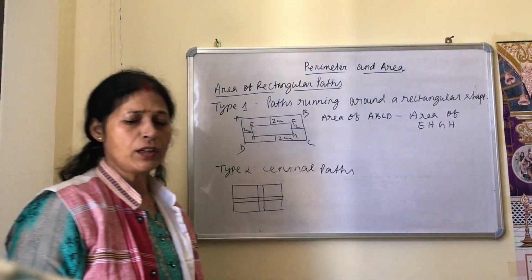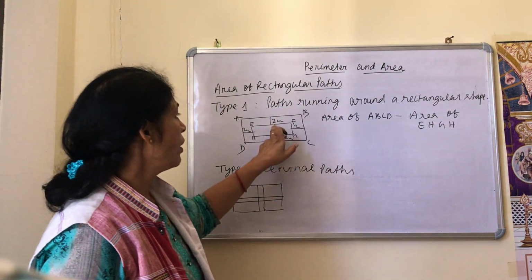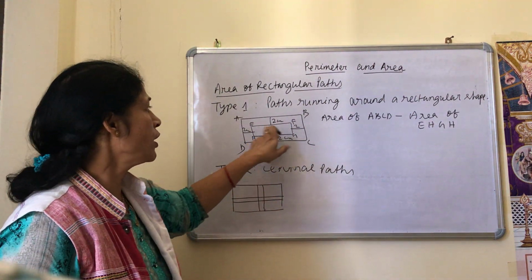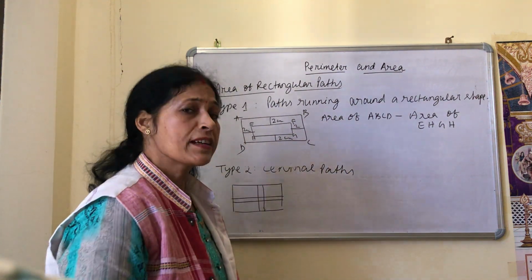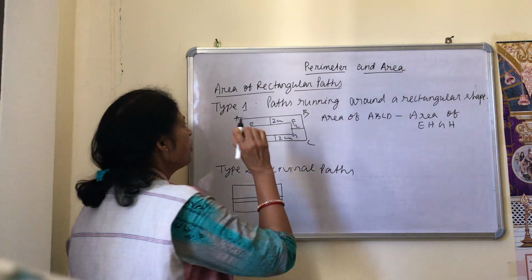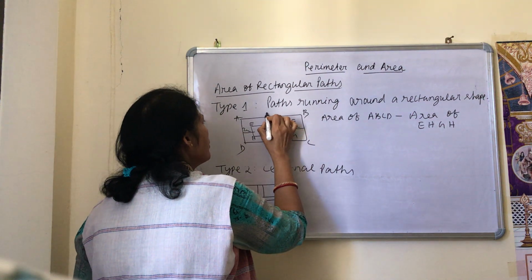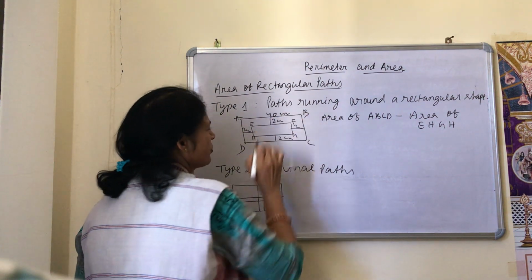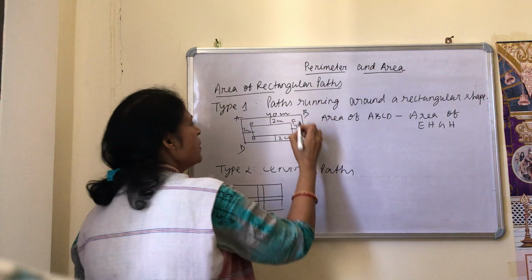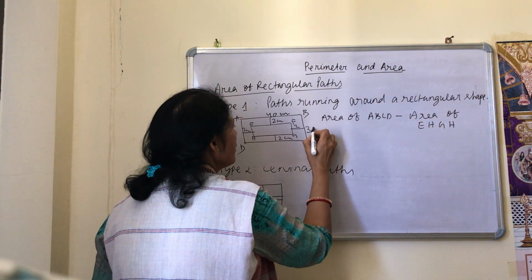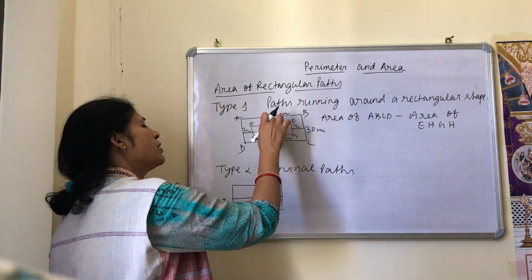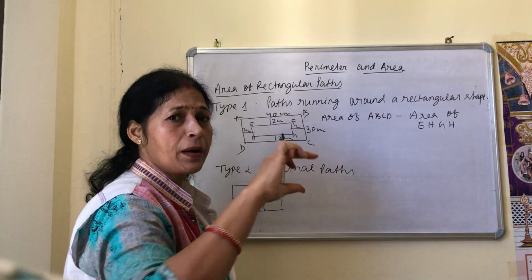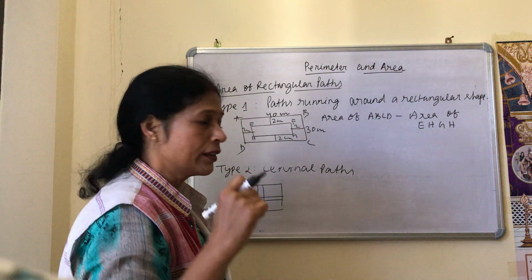Then how do you find out the area, the length and breadth of the inner field EFGH? By excluding, suppose for example you take AB as 40 centimeter, and BC is 30 centimeter. Clear? So the 2 centimeter width of the path is going inside it.